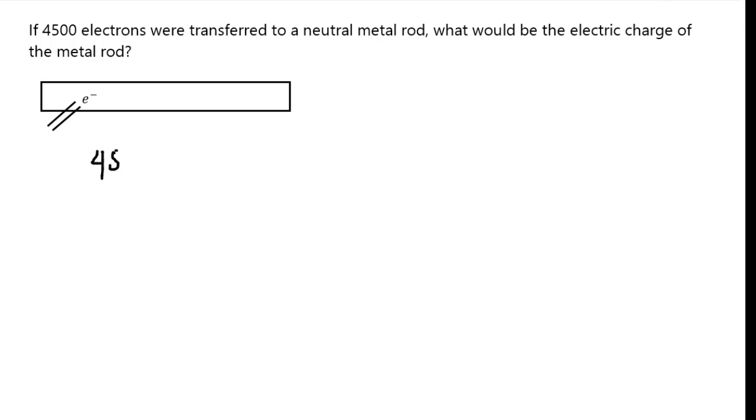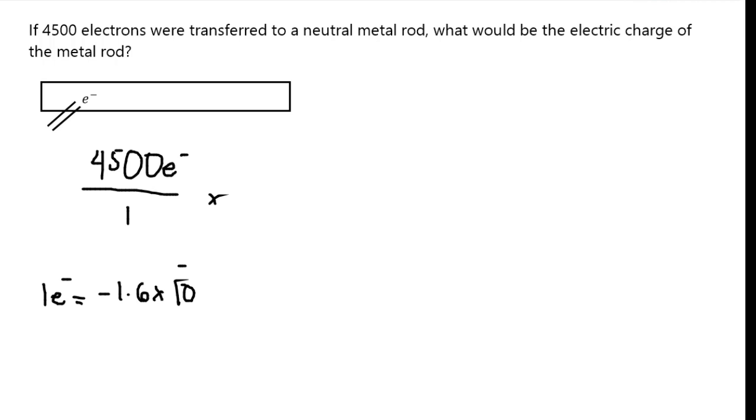If 4,500 electrons were transferred to a neutral metal rod, what will be the electric charge of the metal rod? I have an illustration here. We all know that 1 electron has a charge of negative 1.6 times 10 raised to the negative 19 coulombs, right? What we're going to do here is use the stoichiometry conversion process.